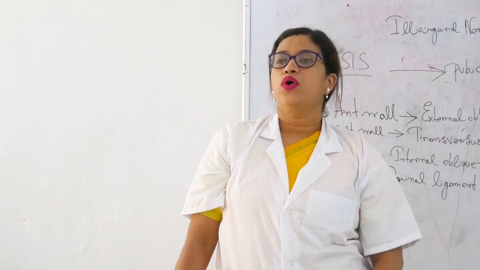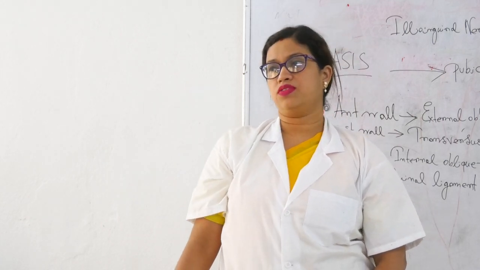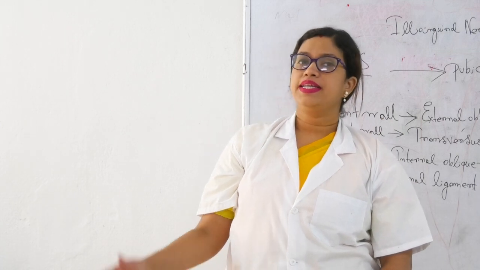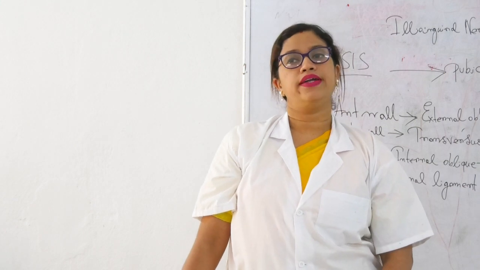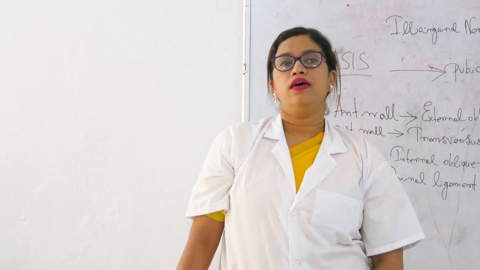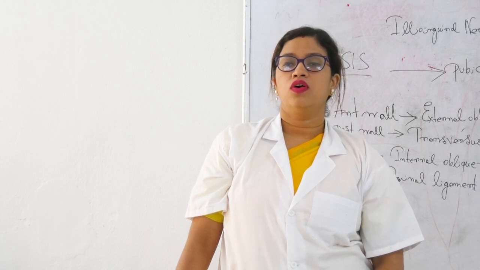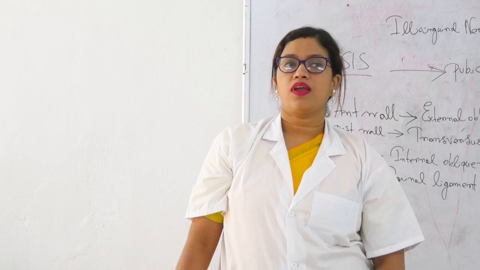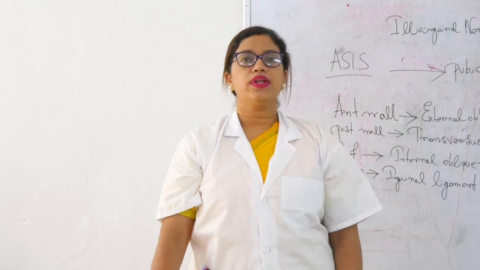So when the hernia is placed medial to the inferior epigastric artery, the term medial is very much important, it is called direct or acquired inguinal hernia.